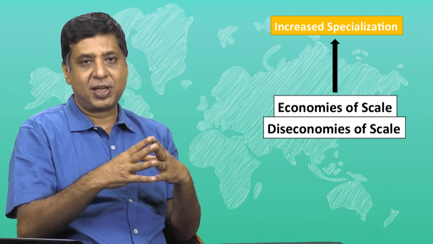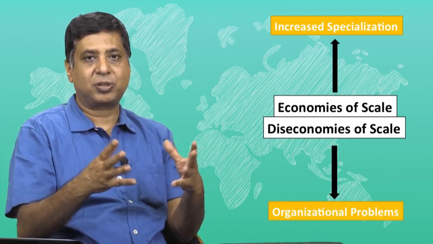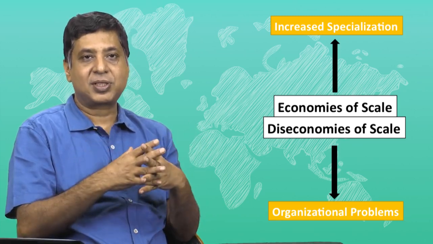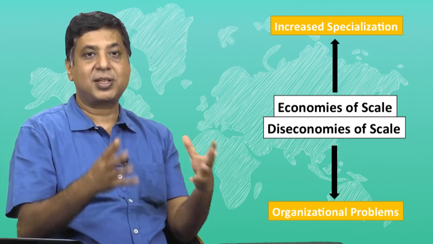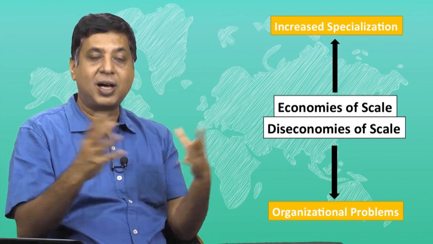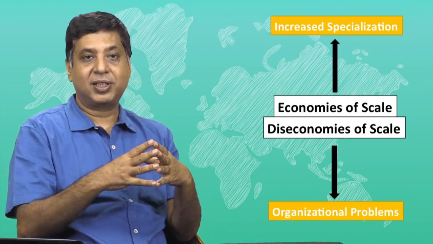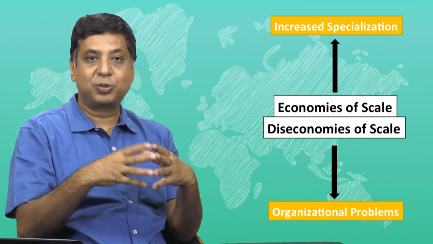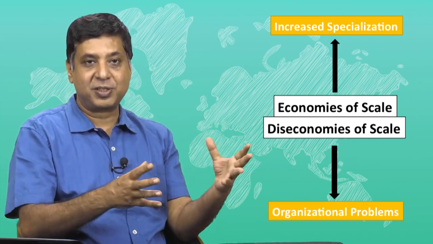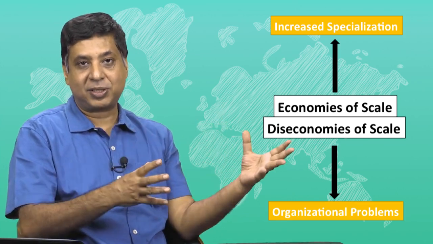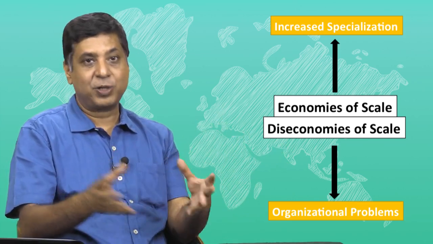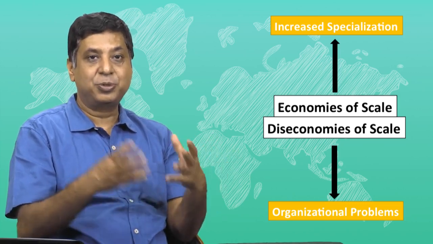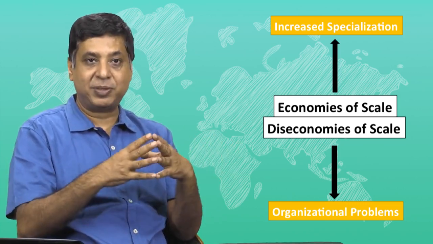Diseconomies of scale are typically due to organizational problems which increase with size. As the size of your restaurant becomes larger and larger, then it becomes more and more difficult to manage all the cooks and all the front office people and all the waiters that you have. Now, you might need a specialized manager to do the job of managing all these people.